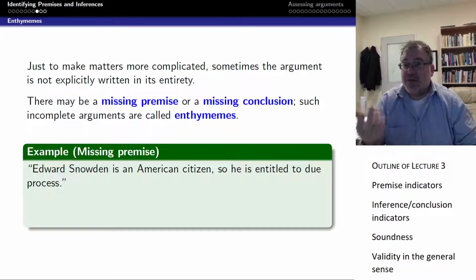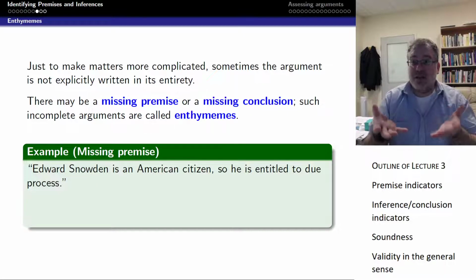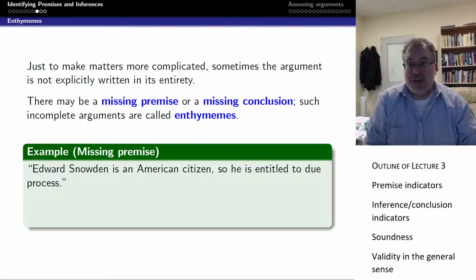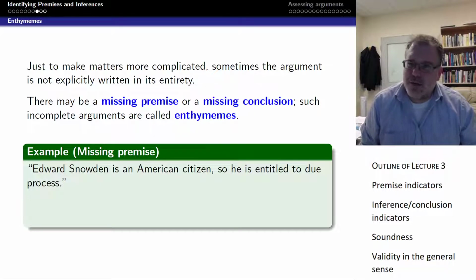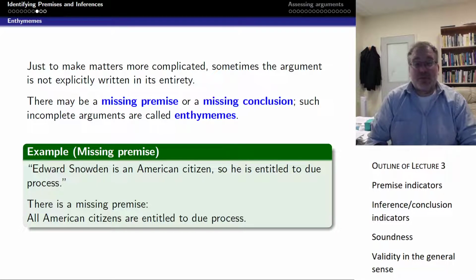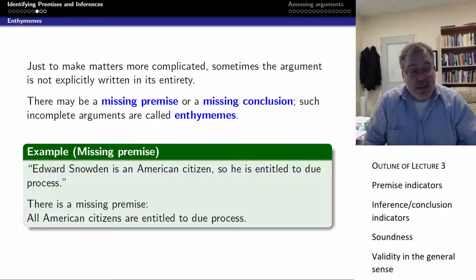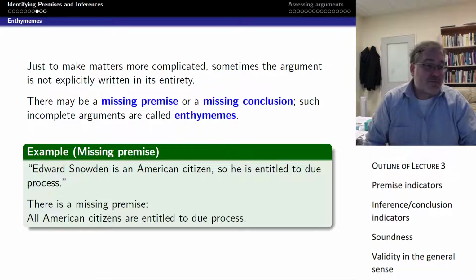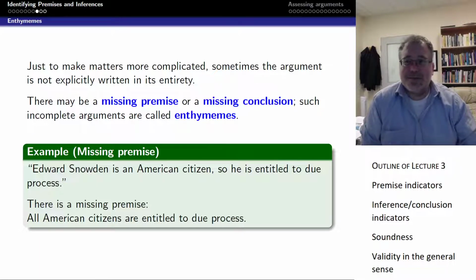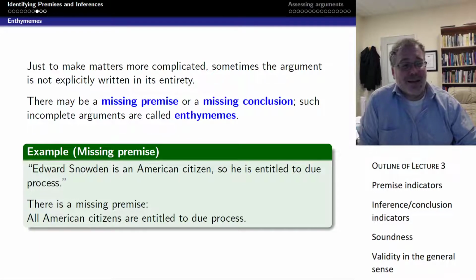And here it would be left unsaid because it's taken to be so obvious and so clear that it doesn't need to be said. Everybody knows that. It's common knowledge. And here the missing premise would be all American citizens are entitled to due process, right? Now, this is common knowledge, but I'm sure Edward Snowden would be pleased to hear that people have decided to live up to it.